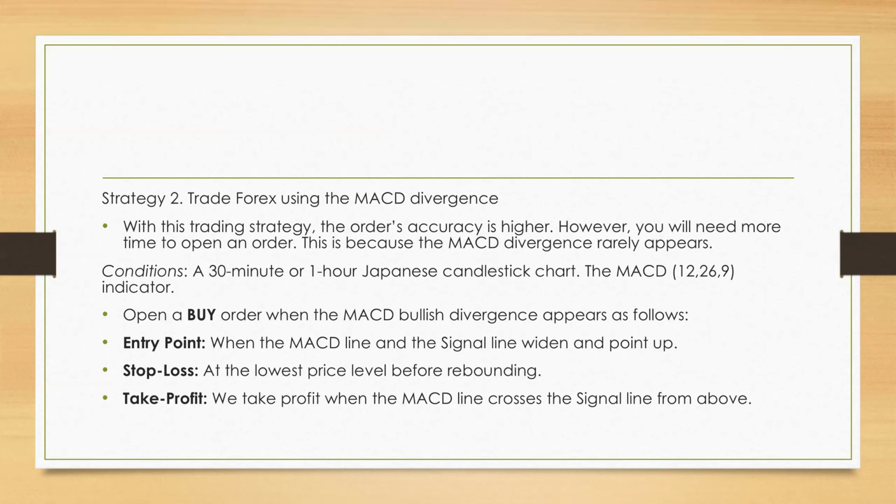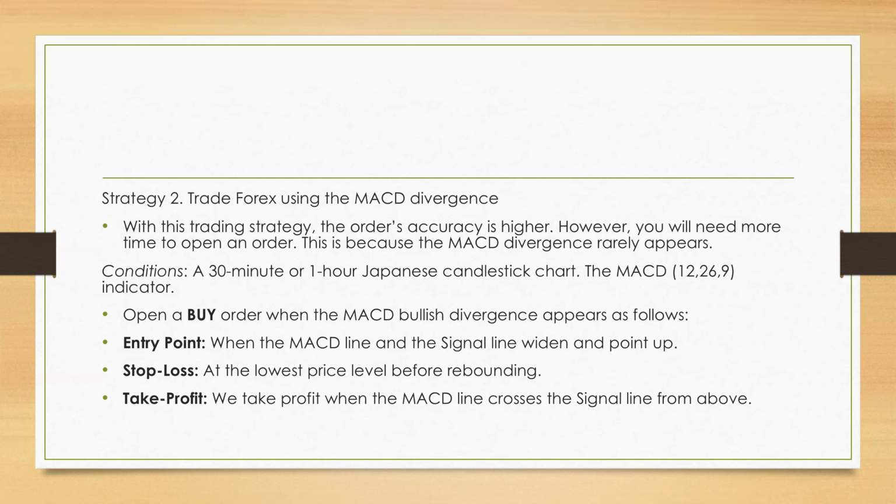What are the conditions? Just as the other one, a 30 minute and a 1 hour candlestick pattern. When do we buy? We open a buy order when the MACD bullish divergence appears as follows. The entry point is when the MACD line and the signal line widen and point up. Once they start widening, we can enter.